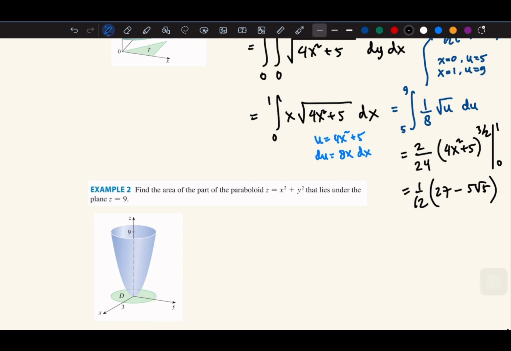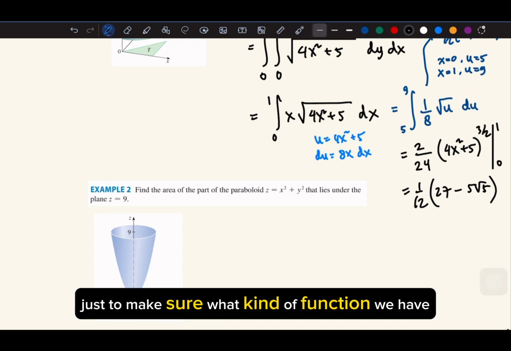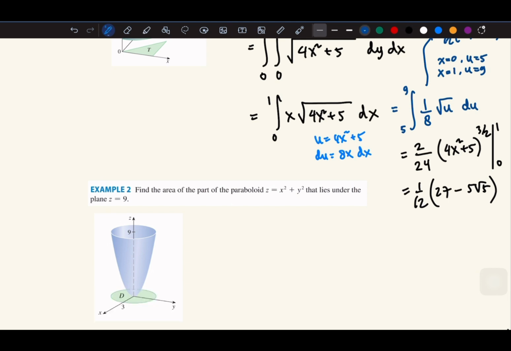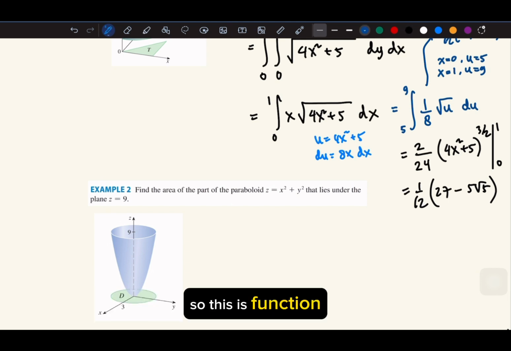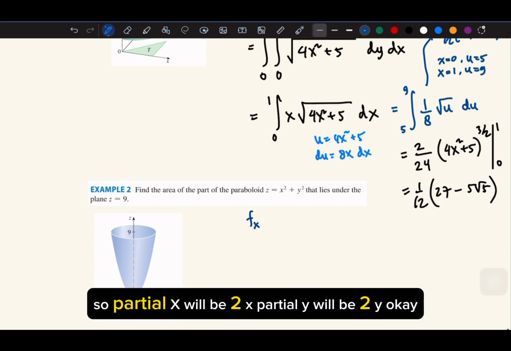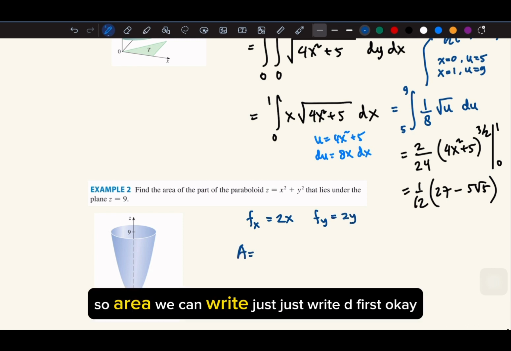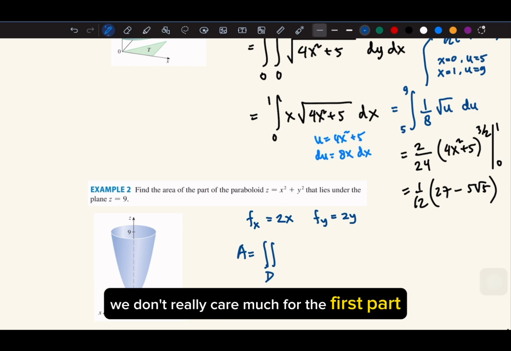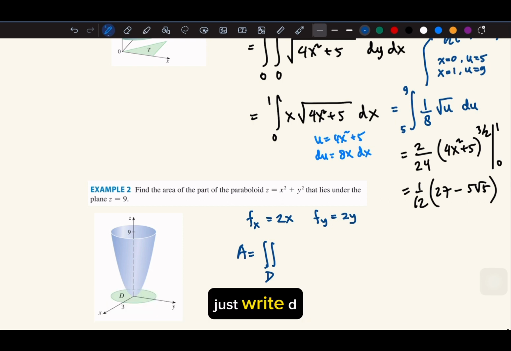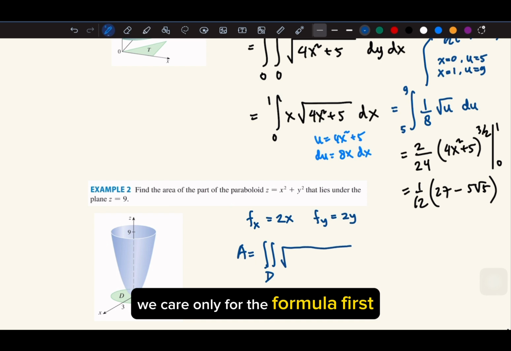Just to make sure what kind of function we have. So partial x will be 2x, partial y will be 2y. So for the area, we can just write dS first. We care only for the formula first.